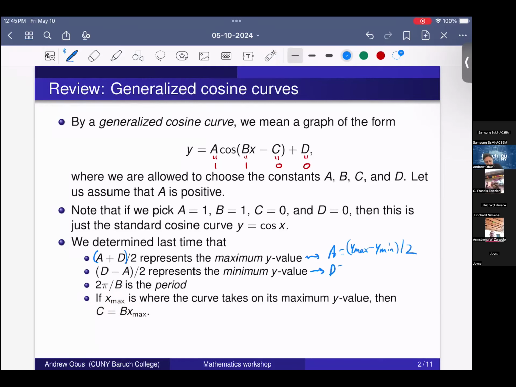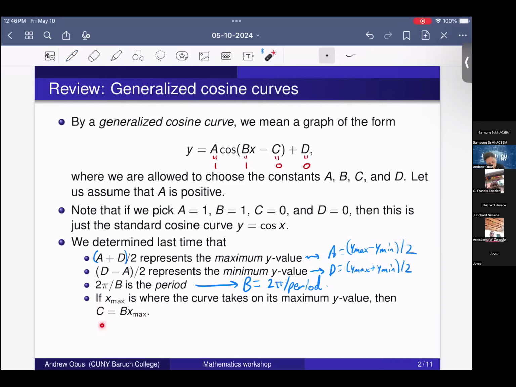And you get that d is equal to y maximum plus y minimum divided by 2. And over here, you get that b is equal to 2 pi divided by the period. Okay, so this is how you figure out a, d, and b.